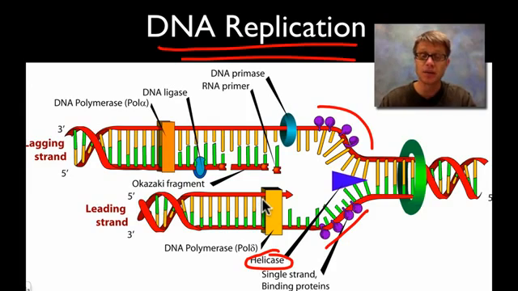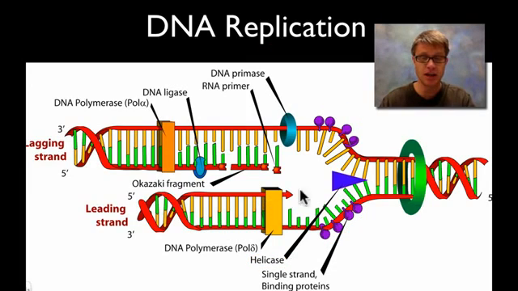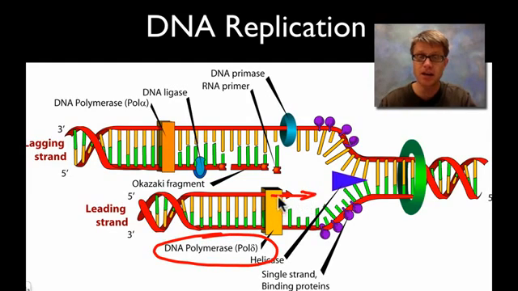And so now we have that unwound DNA. The big enzyme that's super important in here is called DNA polymerase. So if we look on this side, DNA polymerase is going to race down the DNA, and it's going to add new nucleotides on the other side of the DNA. So here's the original strand, and you can see that DNA polymerase has already been here because it's added new strands in this direction. Now the trick is that we can only add new nucleotides on the 3' end.